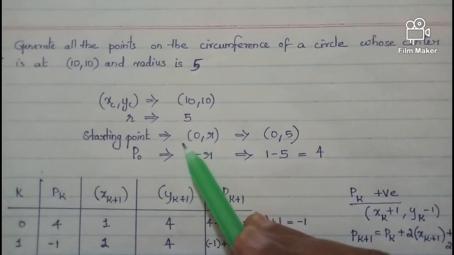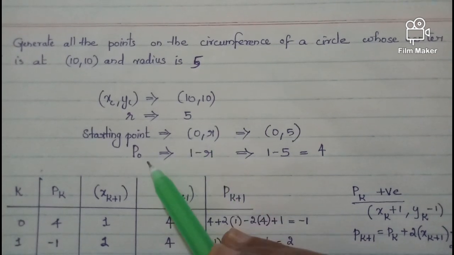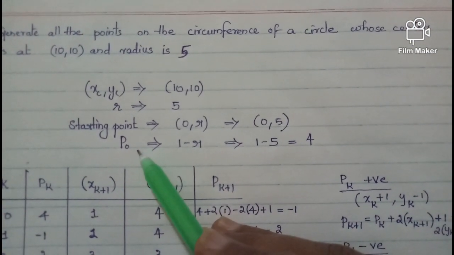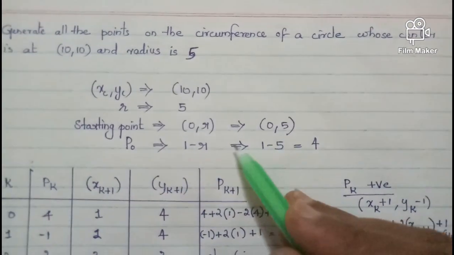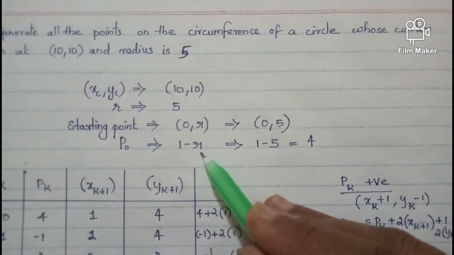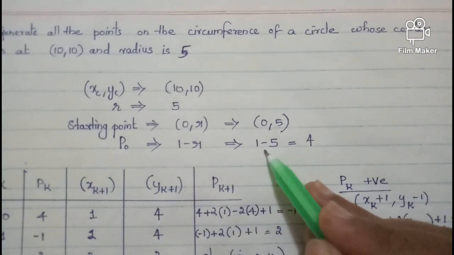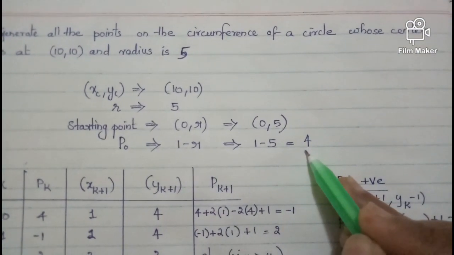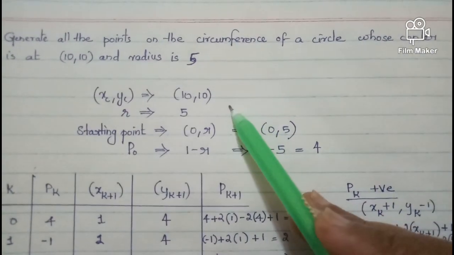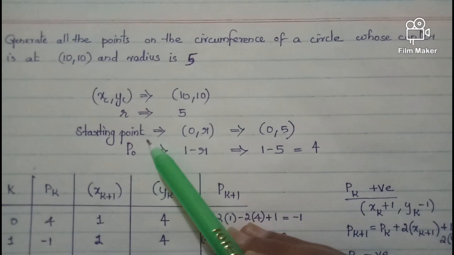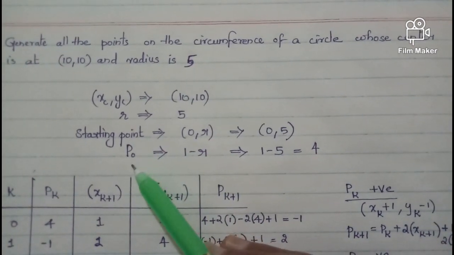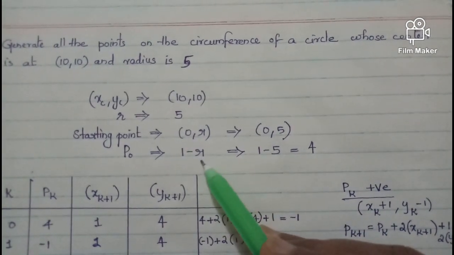Once the starting point is identified, you have to find the value of the initial decision parameter, which is P0. The value of P0 can be found using the equation 1 minus R. Substituting the value of R, you will get 1 minus 5, which is minus 4. So given only two inputs, you have to find the starting point using one equation, and P0 using another.